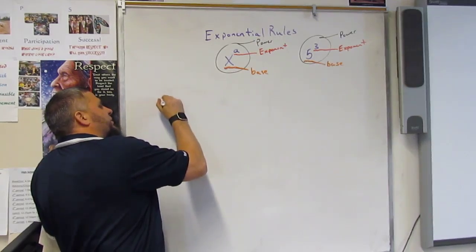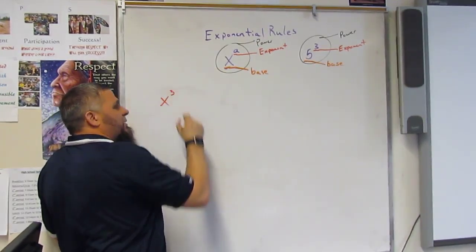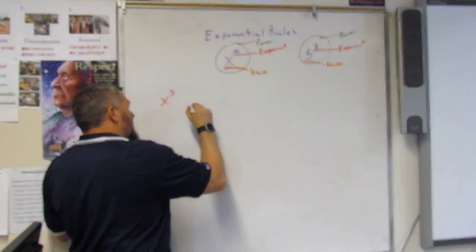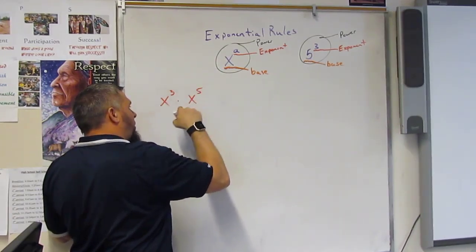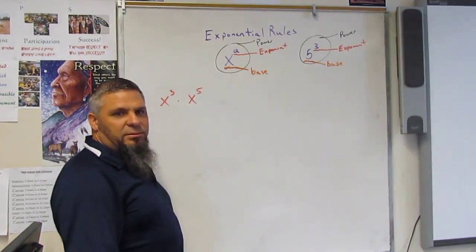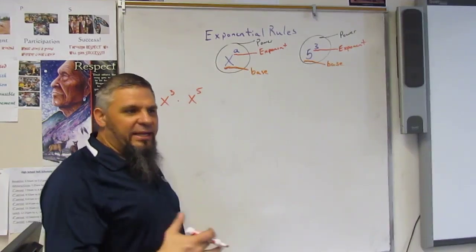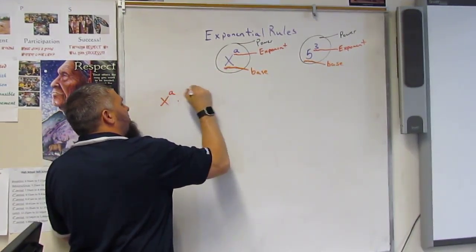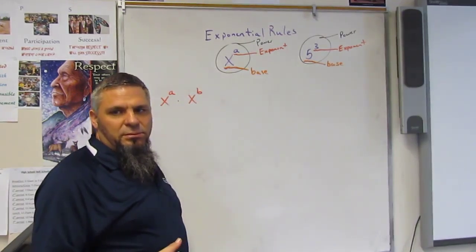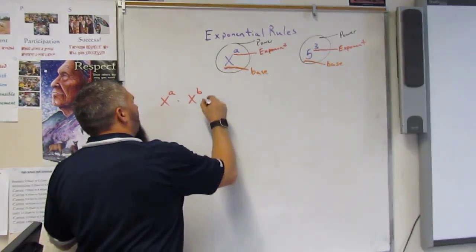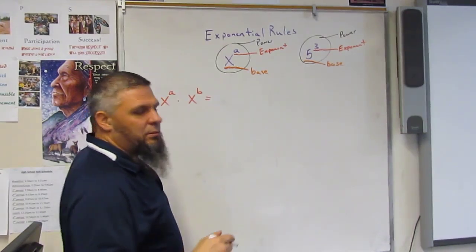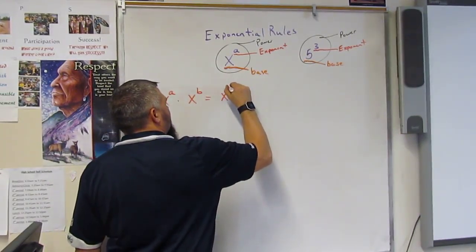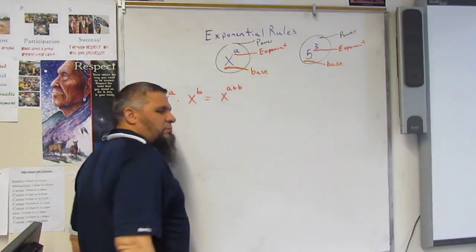Two powers, x to the 3, x to the 5, with the same base. Both x's. So in this case, actually let's just say a and b. Okay? All right? It equals x to the a plus b.